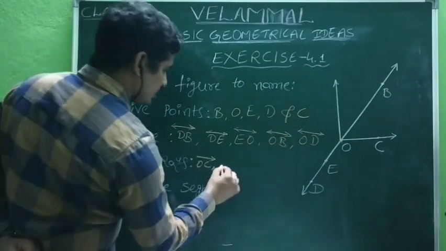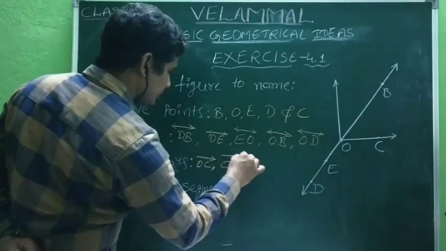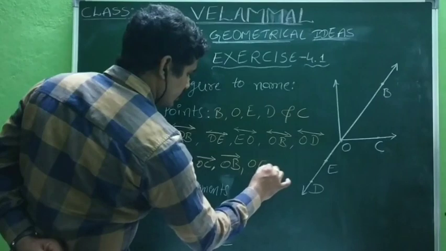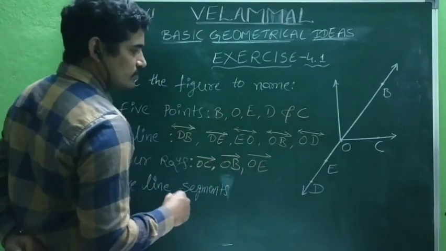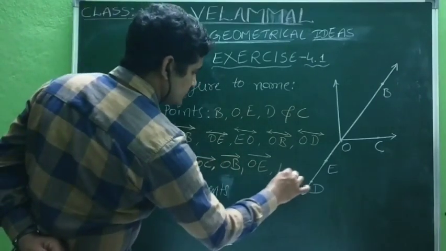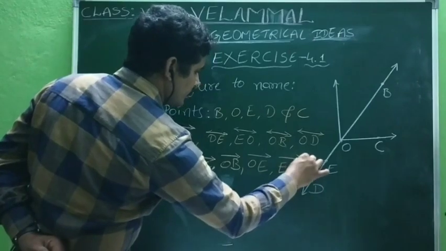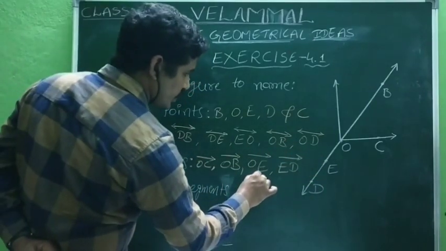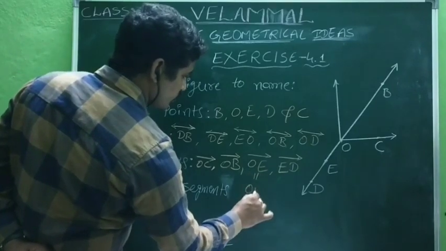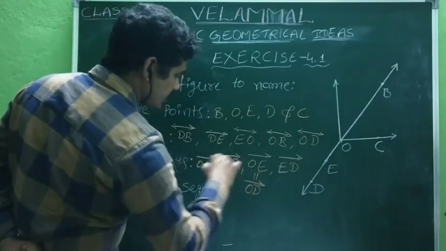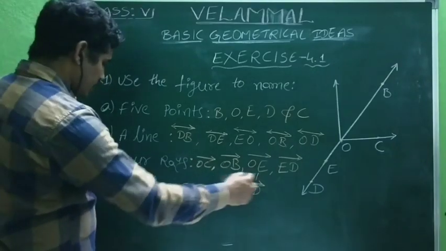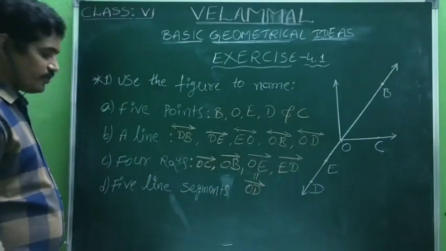If we want to take OB also, another ray we can say, OE also another ray, or else ED ray, or OD ray also we can take. These are the 4 rays we are able to see in the figure.